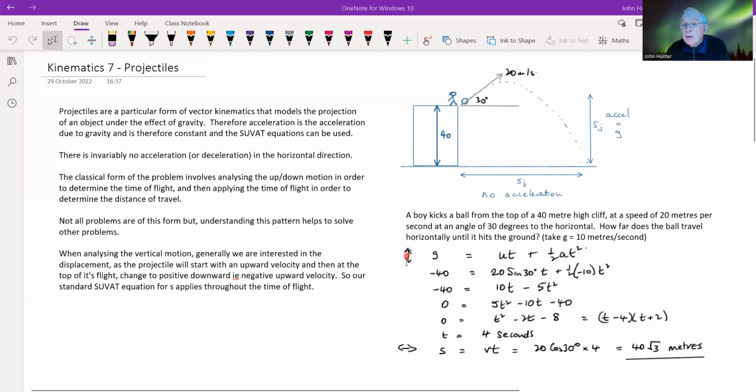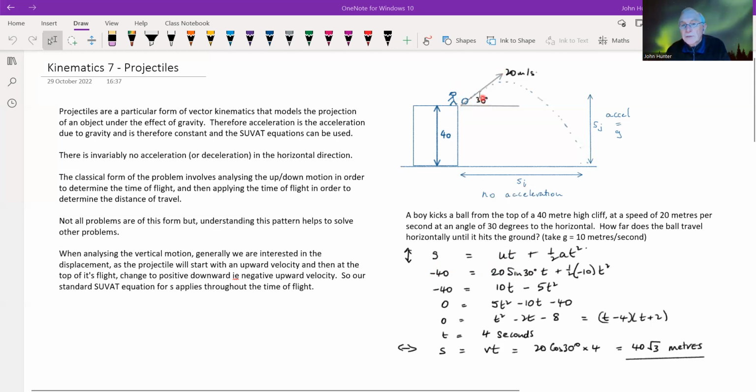Using this notation to denote the fact that we're initially looking at the up-down direction: displacement equals ut plus half at squared. That's the kinematics equation. The displacement is minus 40, since upwards is our positive direction and the ball ends up going downwards. The initial velocity is 20 sine 30, in that direction there.